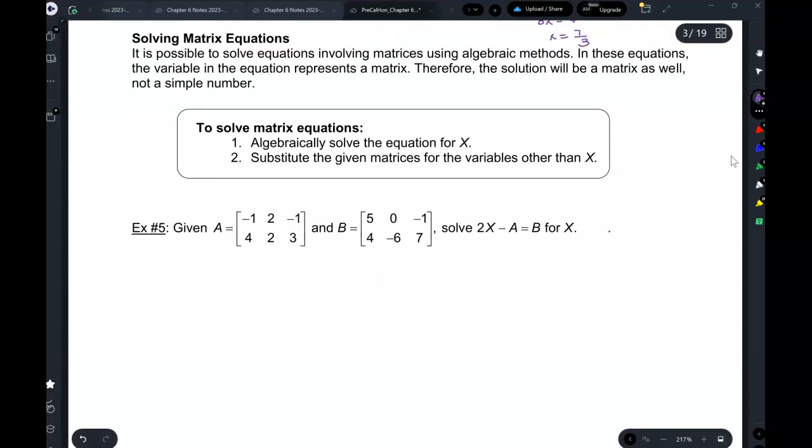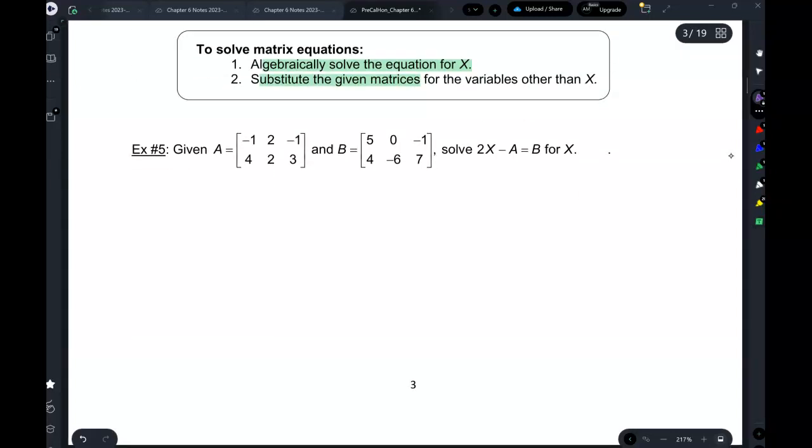So for example, take a look here. You have matrix A, matrix B, and you have this equation, 2 times capital X minus capital A equals B. Each of these capital letters means it's a matrix, right? It stands for a matrix. So the way in which you do this is algebraically solve for X and then substitute the matrices in there.